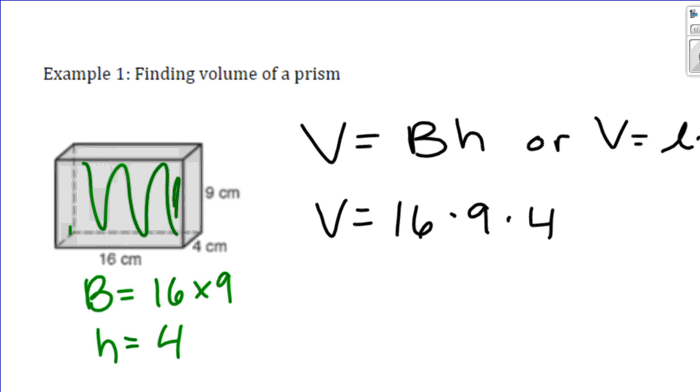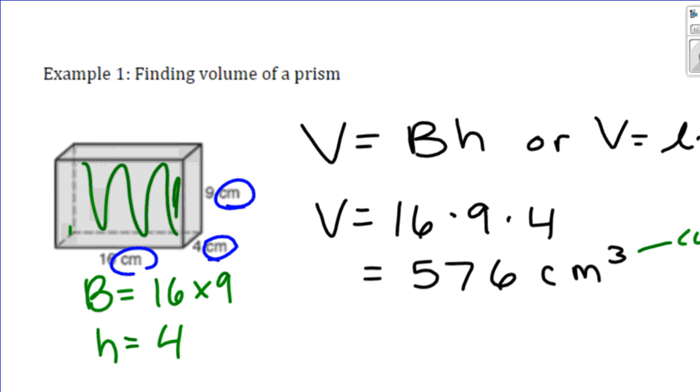And I can just plug that right into my calculator, and I get 576 centimeters cubed. Okay, we're talking about cubic units for volume. So now we're multiplying 3 centimeters times centimeters times centimeters, which means we've got 3 here for our cubic units.